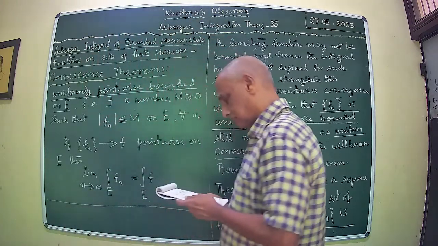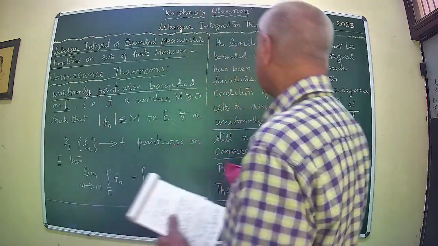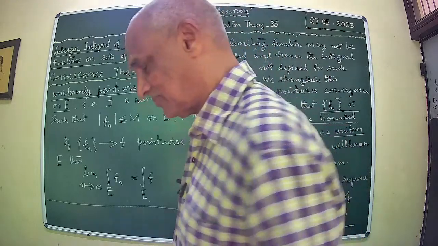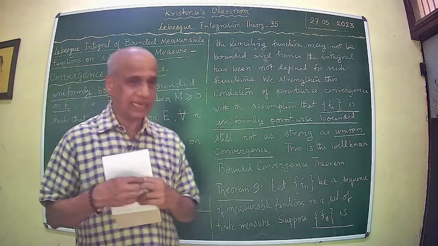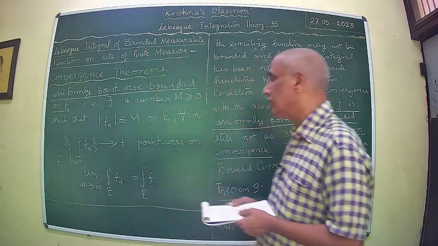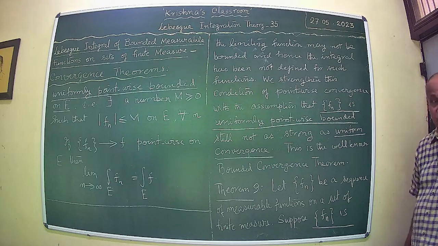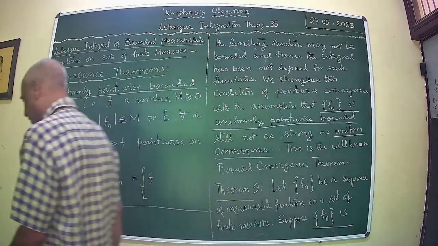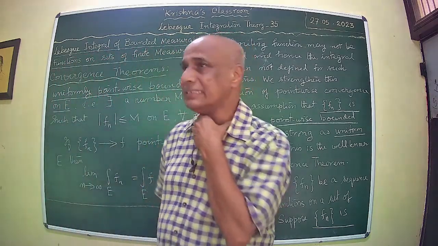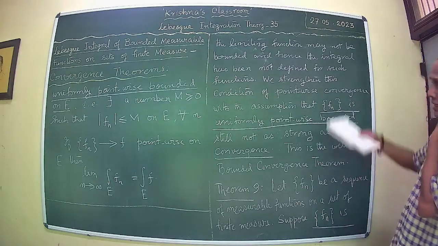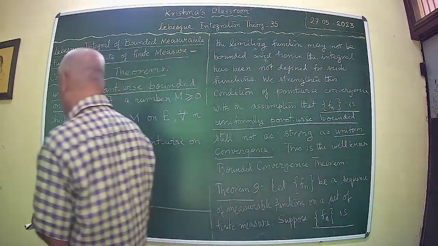The proof. Here, what we use is Egoroff's theorem. What does Egoroff's theorem say? It says that the pointwise convergence on E is nearly uniform convergence. Okay. So we can use that fact and then make use of our experience on working with uniform convergence to prove this. So that is the strategy. Okay.